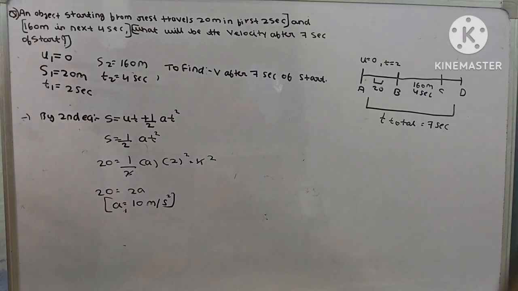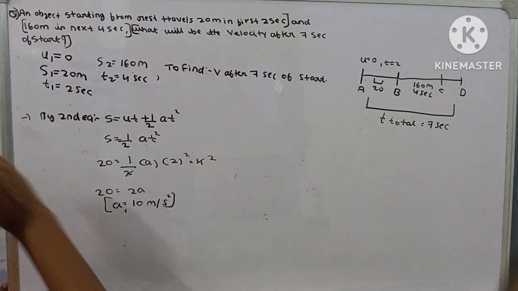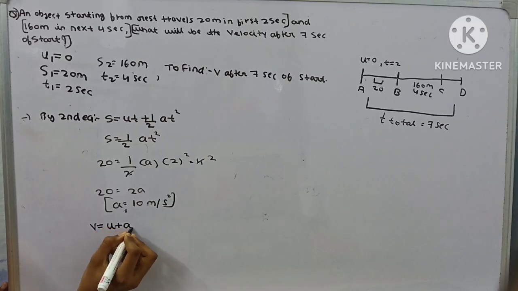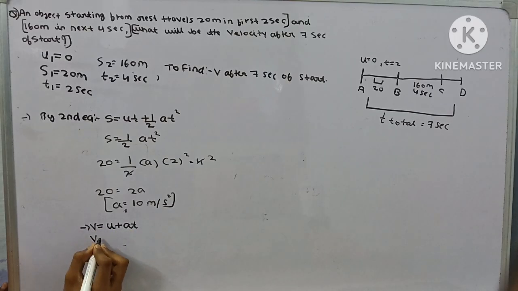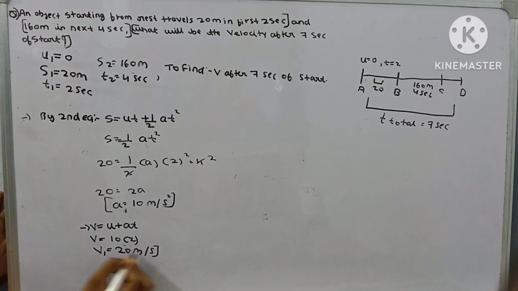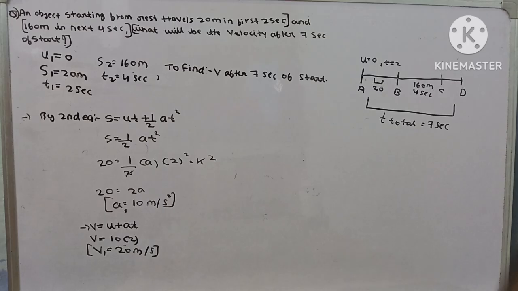Now we'll find the final velocity of this case. For finding the final velocity, we use the first equation, that is v equals u plus at, which gives velocity equals initial 0 plus acceleration 10 multiplied by time 2. Now the velocity v1 is equal to 20 meter per second. By using these two equations, we got the acceleration of the first case and the final velocity for the first case.